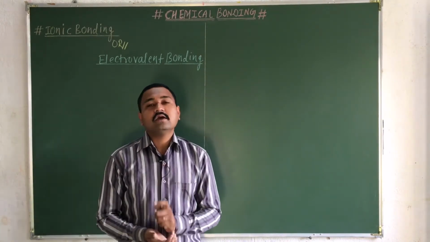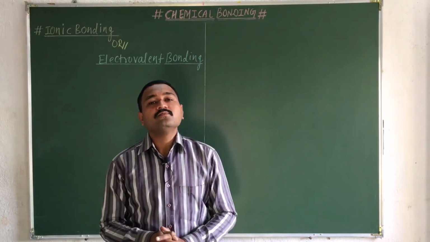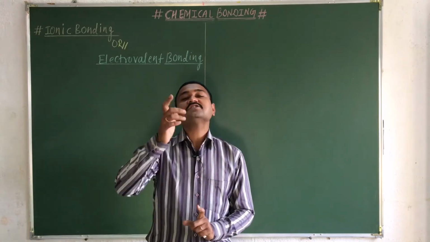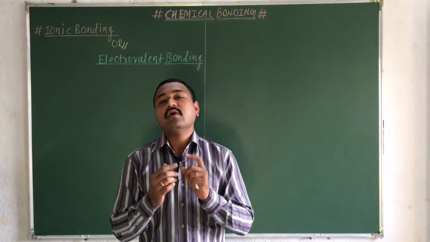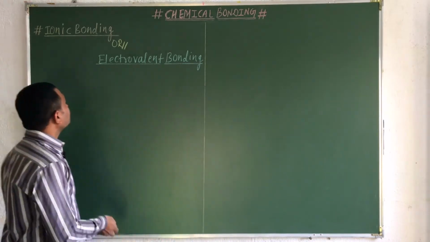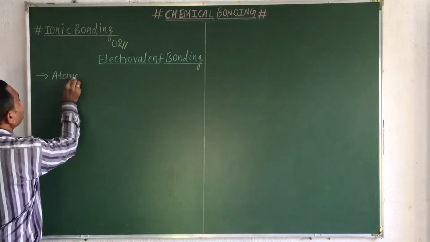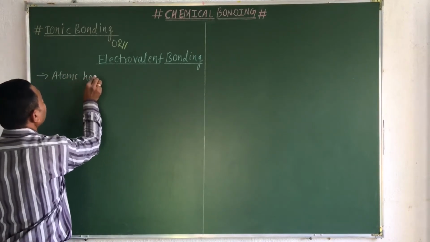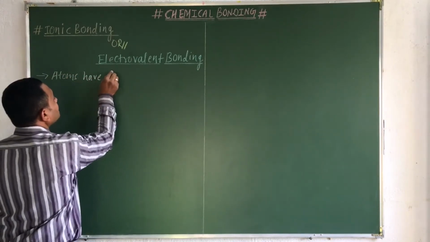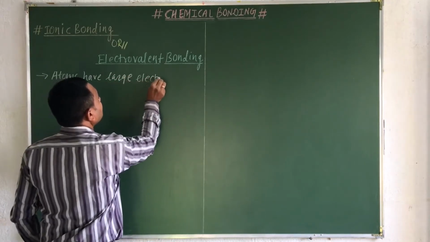Remember, ionic bonding is generally formed between atoms which show a large difference in electronegativity values. Keep in your mind, this is a very important point. Generally, ionic bonding is observed in those atoms which have a large electronegativity difference.